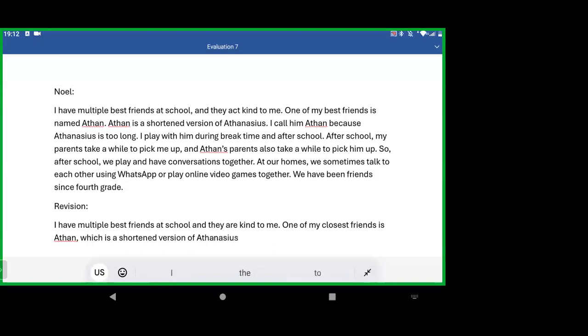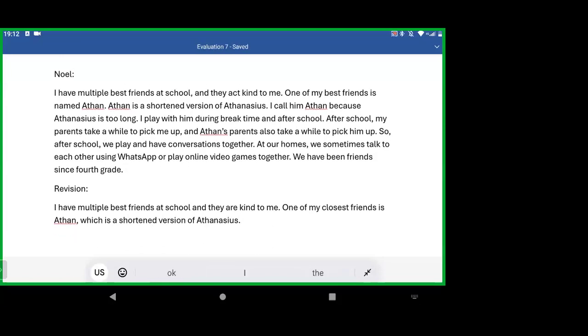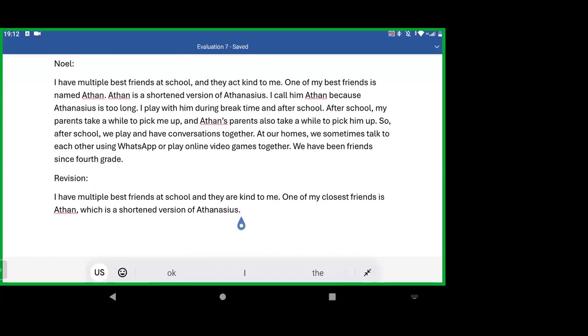Ethan is a shortened version of Athanasius. I call him Ethan because Athanasius is too long.